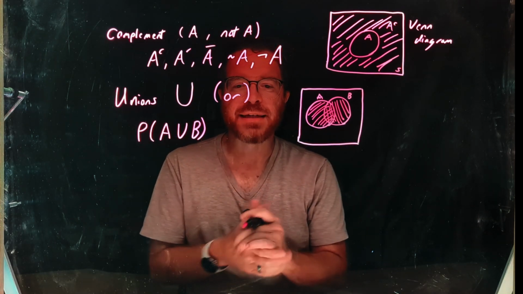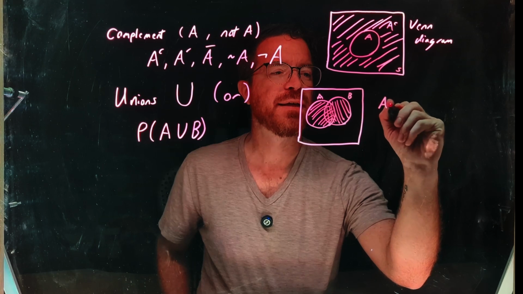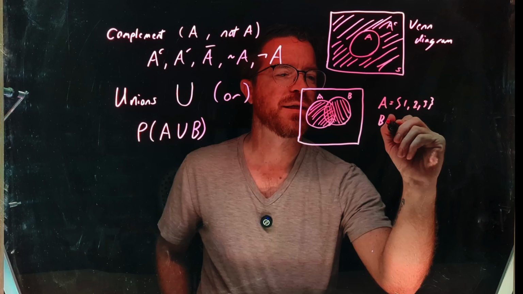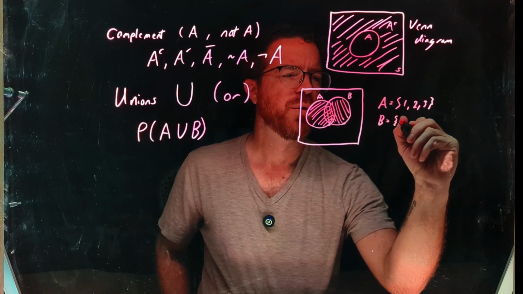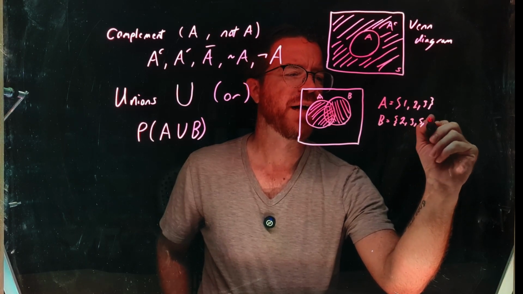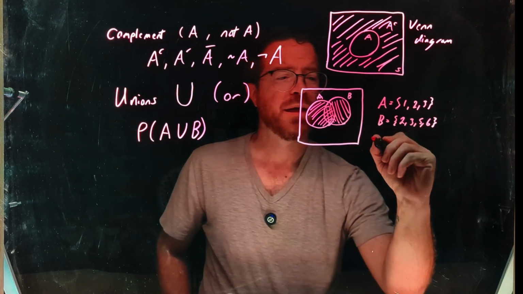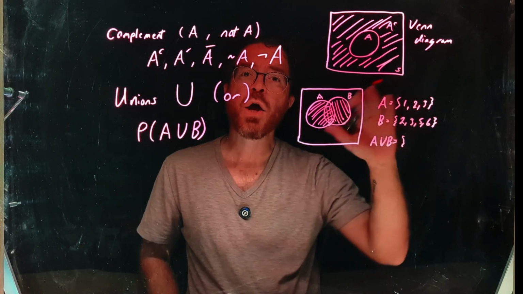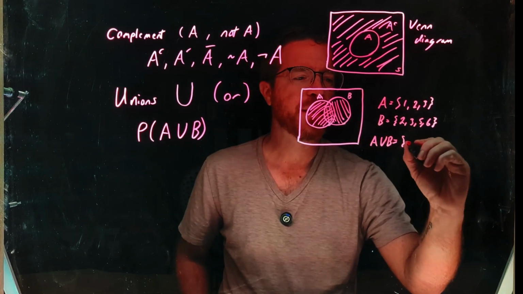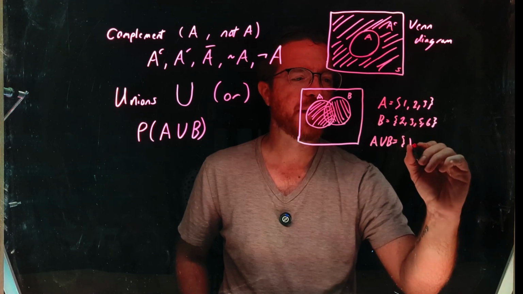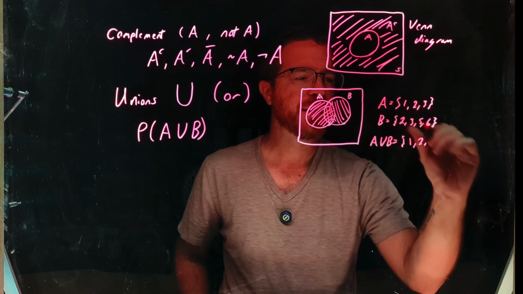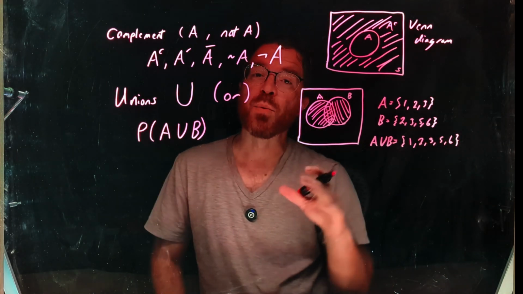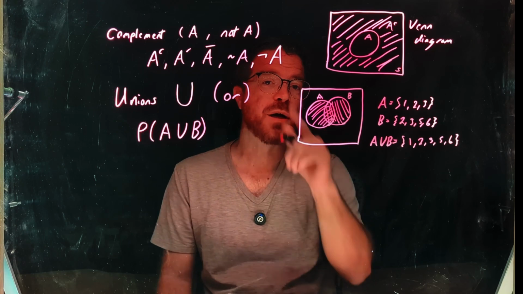So what this means is that, for example, if I had that A is equal to 1, 2, 3, and B is equal to 2, 3, 5, 6, it would be A union B equals, and then it's everything that is in A or is in B. So in this case, 1 is in A. Or sorry, 1 is just in A. 2 is in A and B. 3 is in A and B. 5 is in B. 6 is in B. And remember, whenever we're writing sets, we only put each outcome one time.